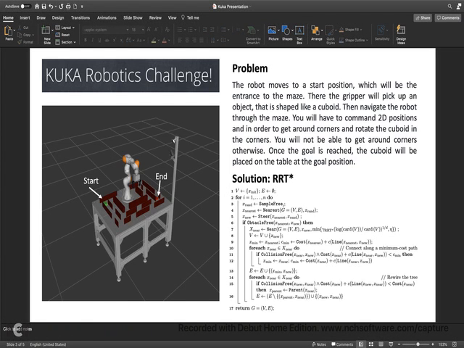Once the goal is achieved, the cuboid will be placed on the table at the goal position. The experiment is successful if the user is able to get close enough to the goal position, which is a red brick in this plot, such that the distance to the goal is smaller or equal to the discretization level.